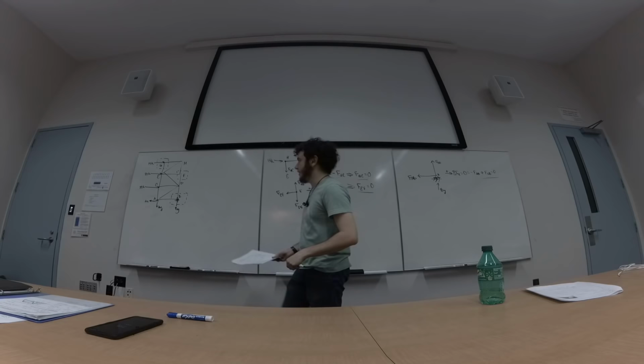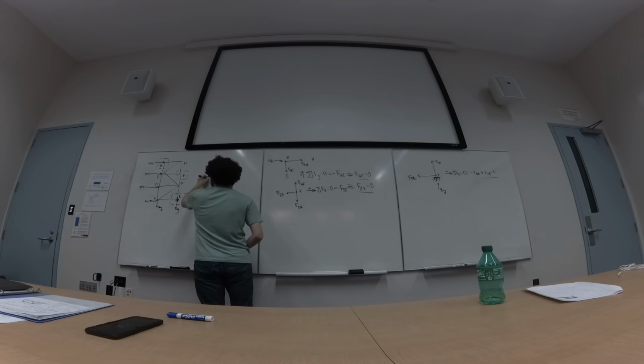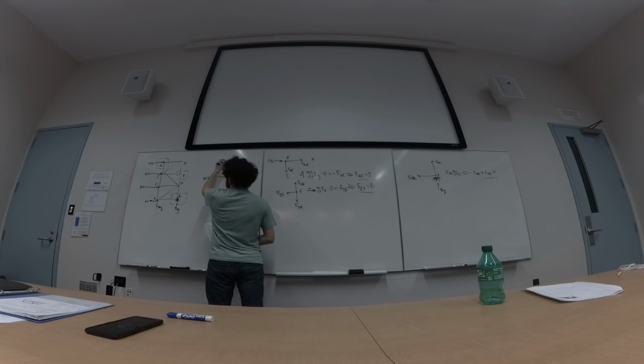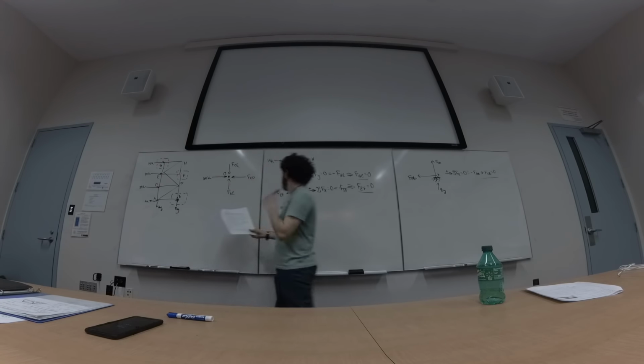Joint C. At joint C, what we've got is our 30 kips coming in this way. We've got member force CD, we've got member force CE, and then we've got member force AC.